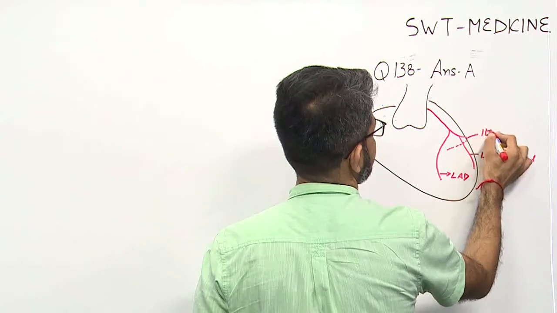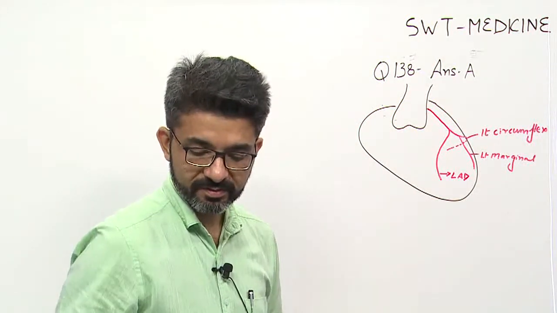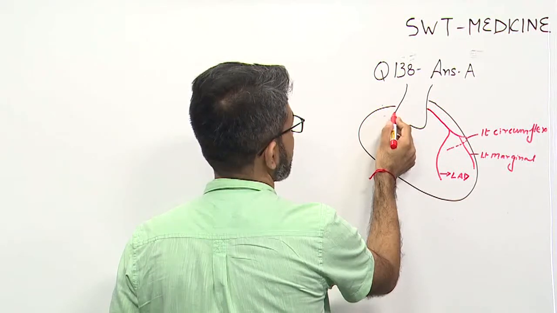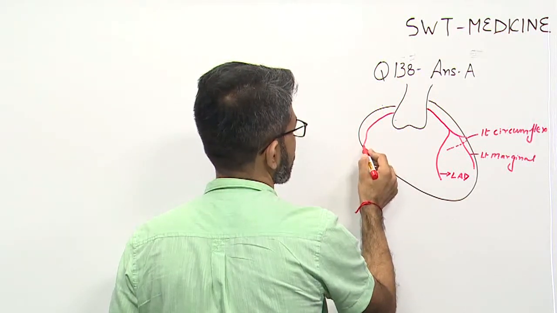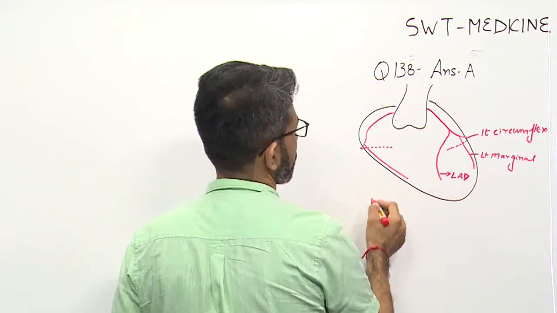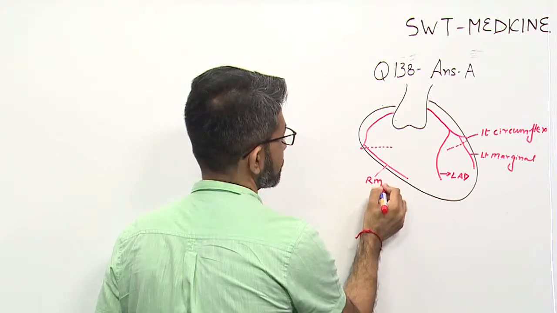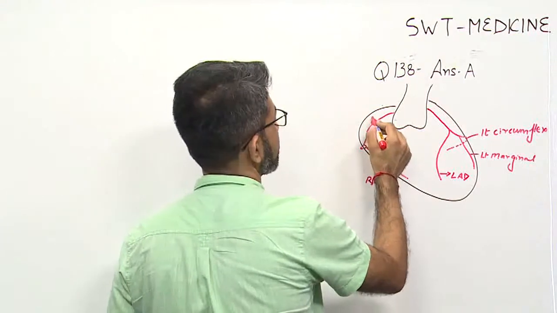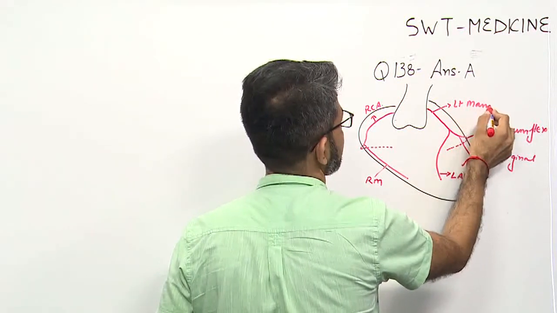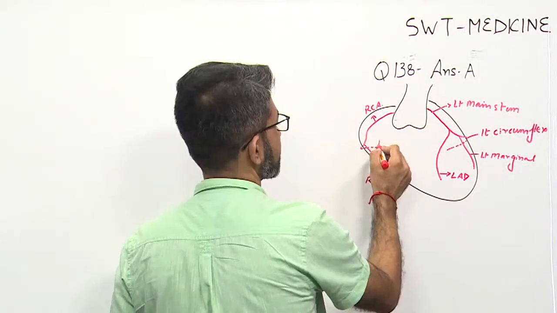This is left circumflex. All right. This is right marginal, this is right coronary, this is left main stem, and this is a branch which goes posteriorly, posterior communicating artery.